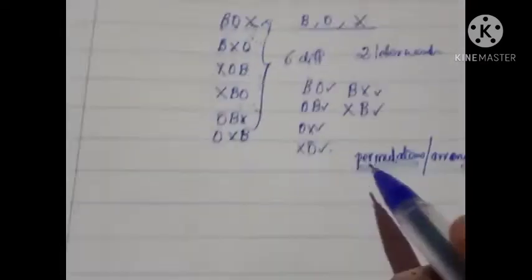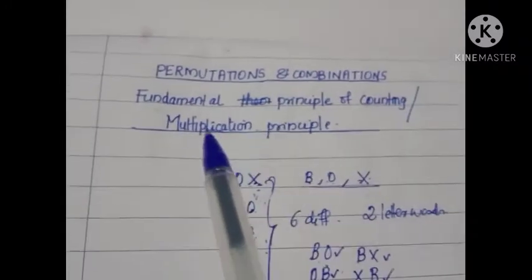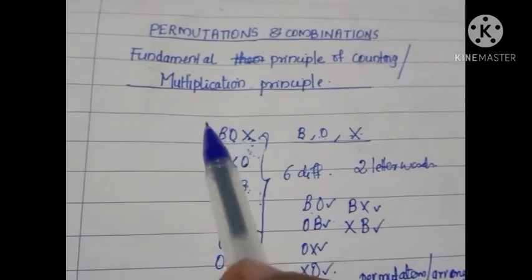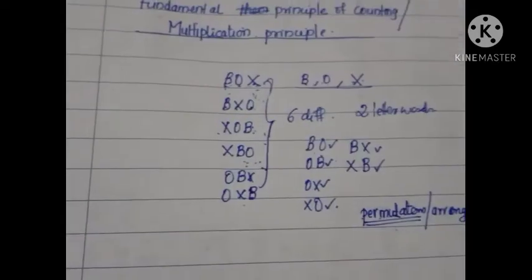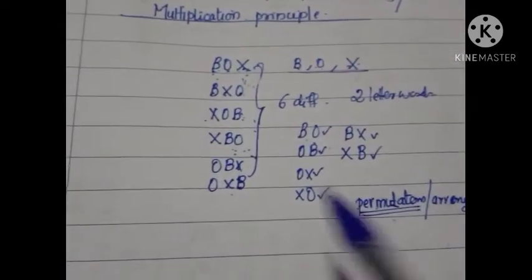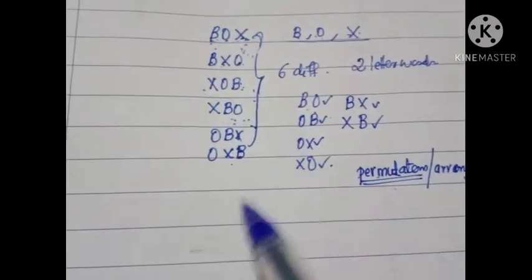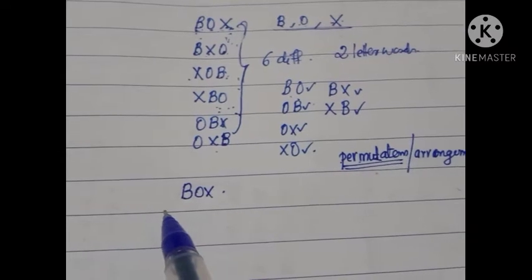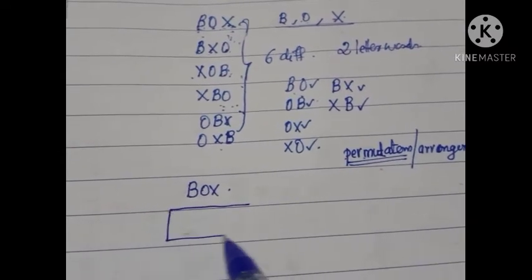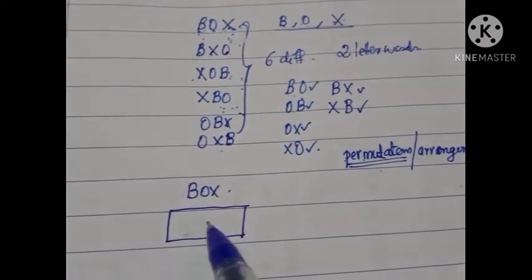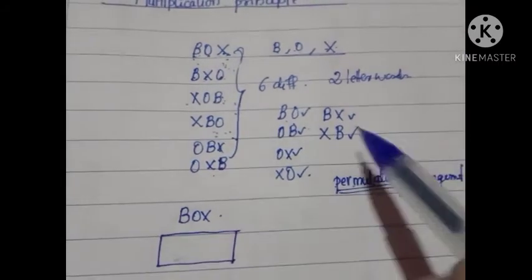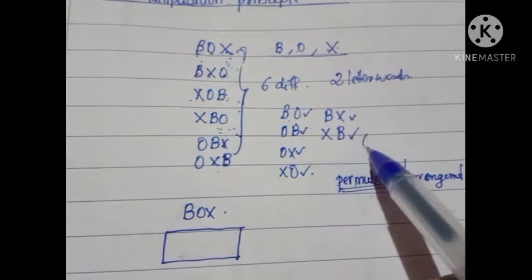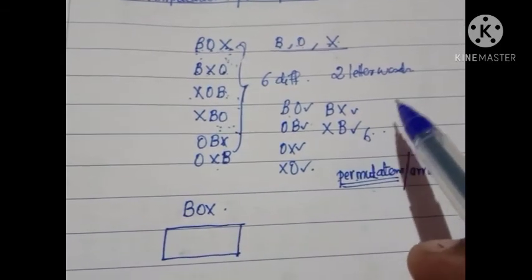Before the discussion, first we are going to see what is the meaning of multiplication principle. Suppose, consider the same word BOX, and we need to find 2-letter word arrangements. We already counted there are 6 different 2-letter words.